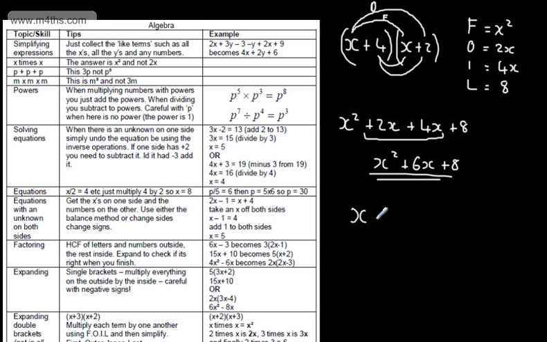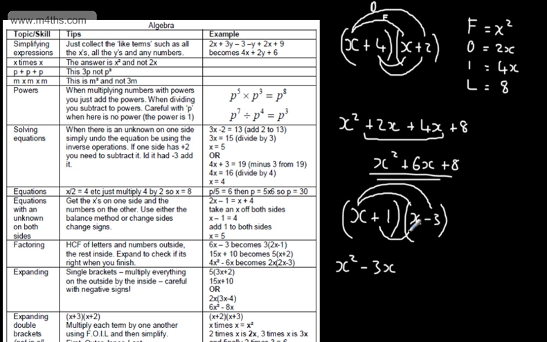Let's try x plus 1 and then x minus 3. So this time we have a negative. The first term, x times by x is x squared. Outer, I'm going to do x multiplied by minus 3, which is minus 3x. Inner, I've got plus 1 multiplied by x, which is plus x.